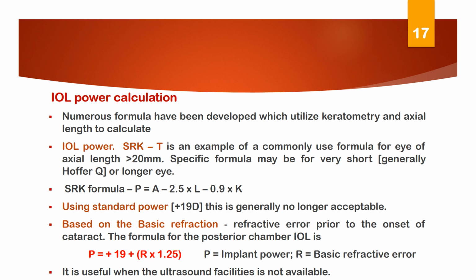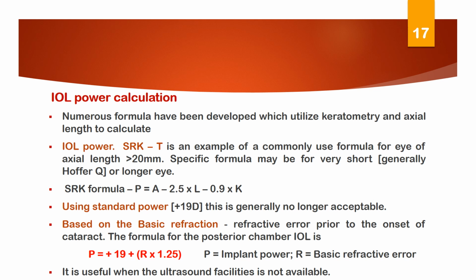Other formulas use a standard power like plus 19 diopter, which is generally no longer acceptable. Another is based on the basic refractive error prior to the onset of the cataract.